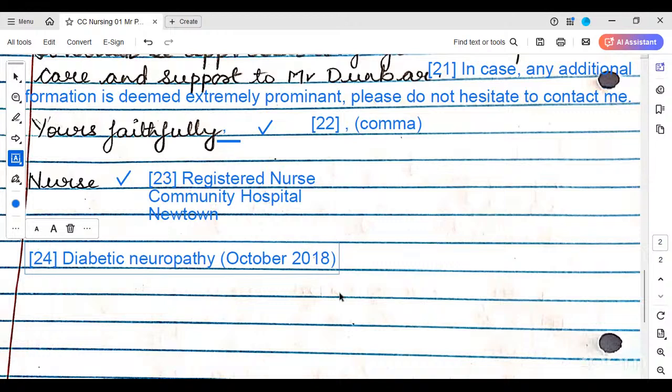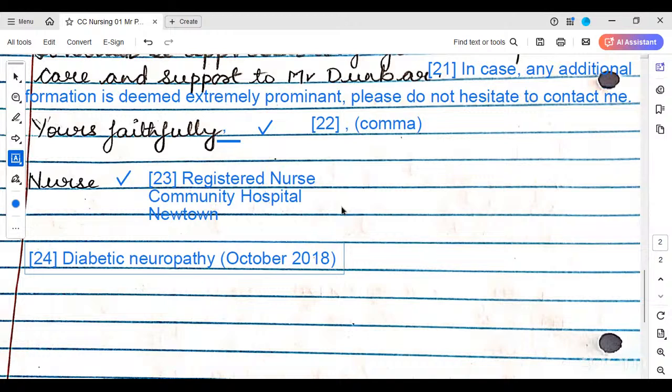Diabetic neuropathy is in October 2018, and it is the latest one, and the reason why it's more serious than diabetes. Diabetes is simple, but diabetic neuropathy is a worsened condition of diabetes, an advanced stage.